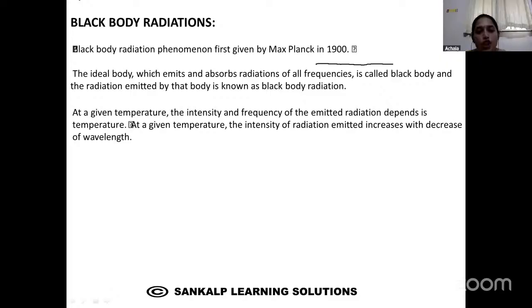This is actually a hypothetical body, because in the universe no body can emit or absorb the whole range of frequencies of radiation, since the range between gamma rays and radio waves is very vast. But carbon black is approximately called an ideal body, not exactly.